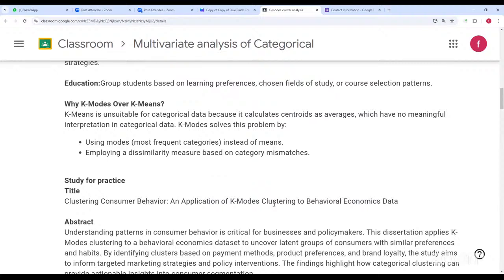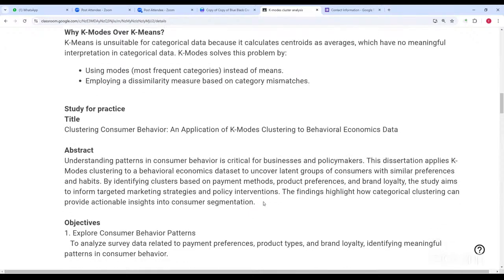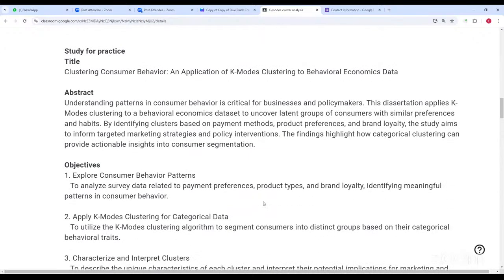Next, attributes. Next is study for practice. Title: Clustering Consumer Behavior. An application of K modes clustering to behavioral economics data. Abstract. Understanding patterns in consumer behavior is critical for business and policymakers.